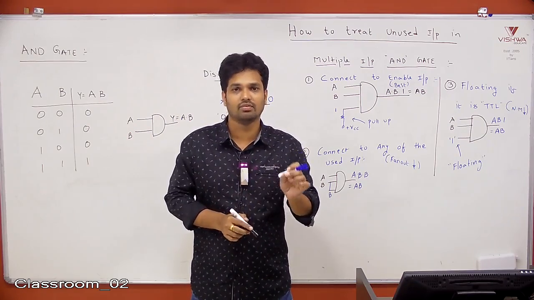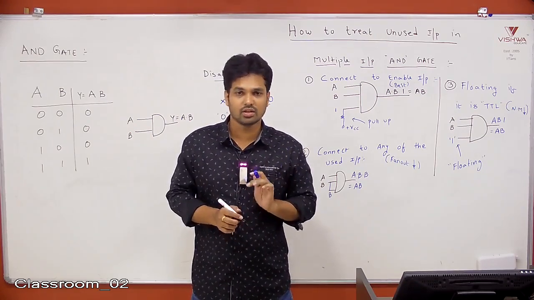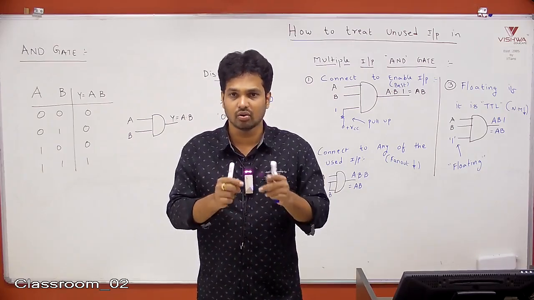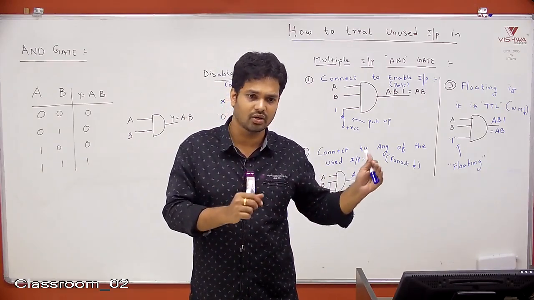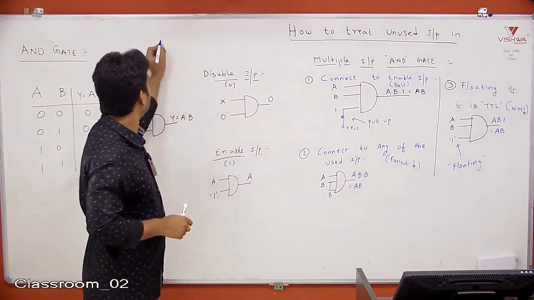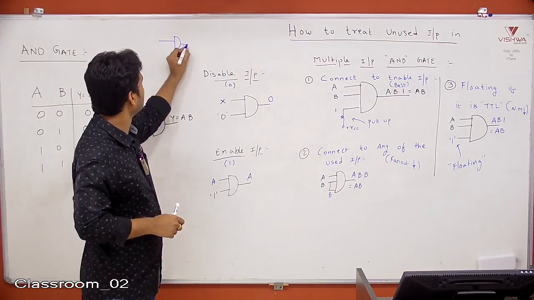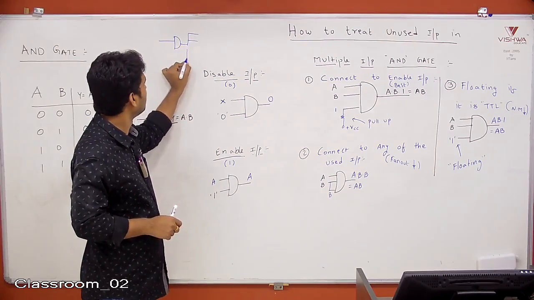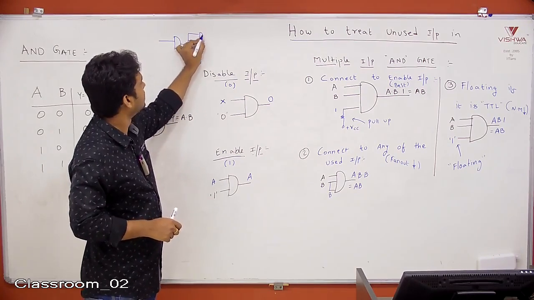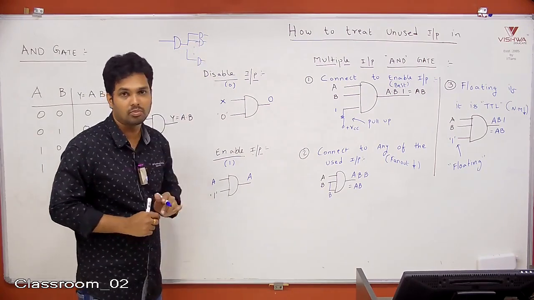That is given by fan out. No need to write, please. We'll discuss fan out clearly in the logic families. Simple understanding: at the output of one gate, how many other gate inputs you can connect? This is called the fan out capability of the gate.